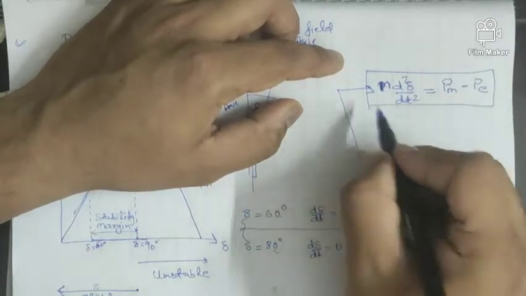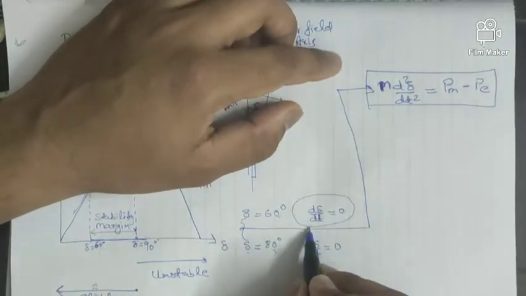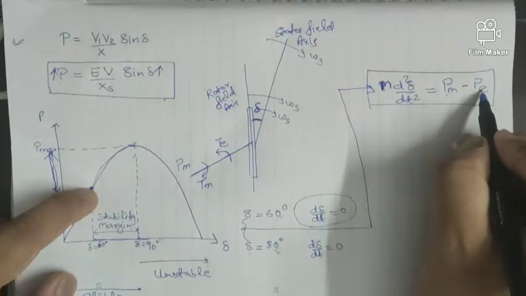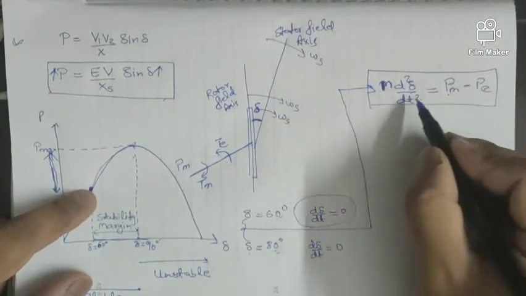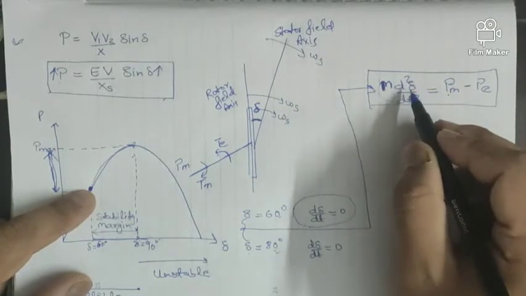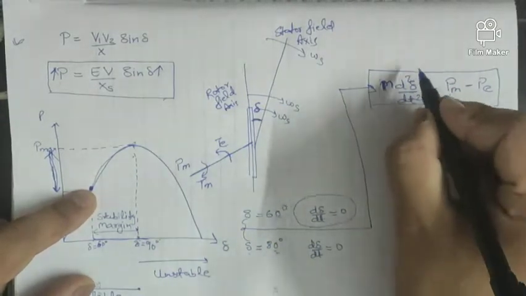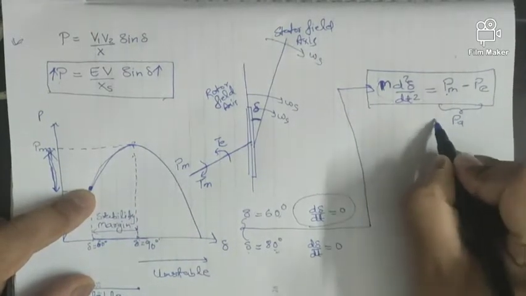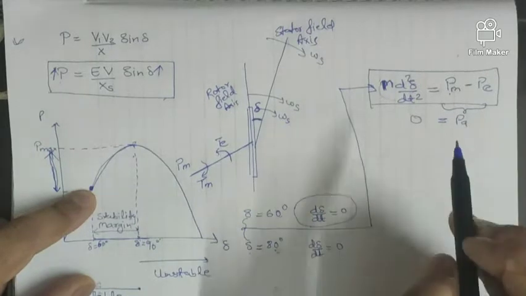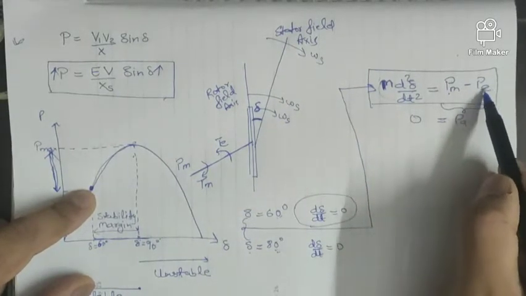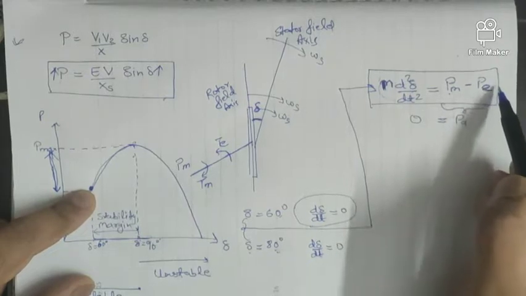When steady state operation was going on, this mechanical input was equal to the electrical output, so there was no acceleration or deceleration in the machine. There was no swinging of the rotor, hence the accelerating power PA was 0.